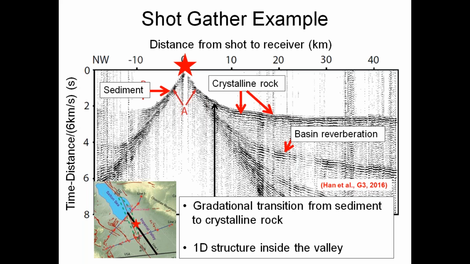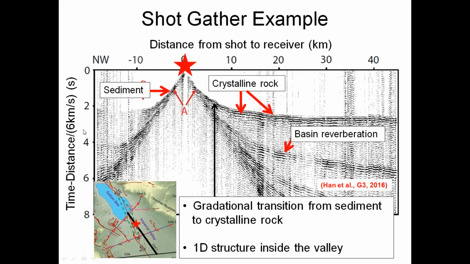Here I show some data examples of our shot gathers. The shot point is represented by the red star on the gather, and also on the map in the bottom left, along the thick black line. The horizontal axis is the distance from the shot to individual receivers, and each vertical trace represents one receiver.